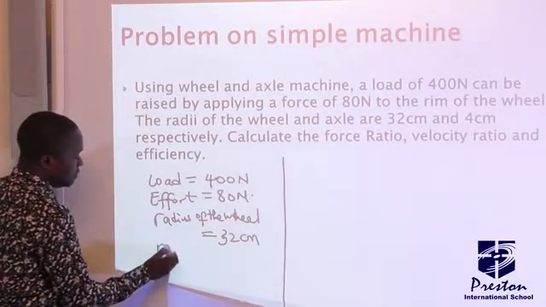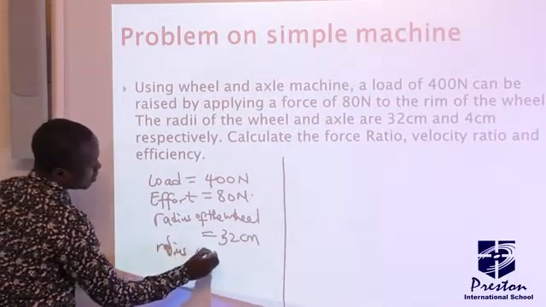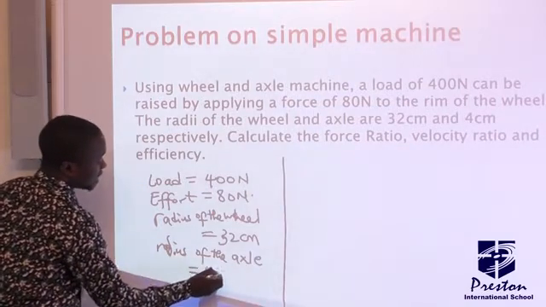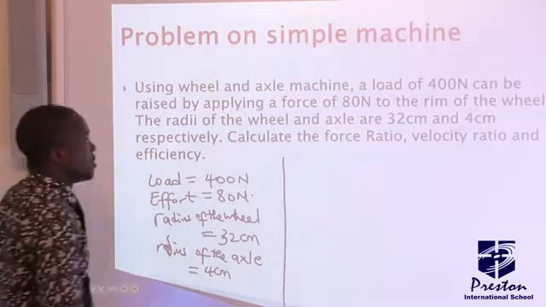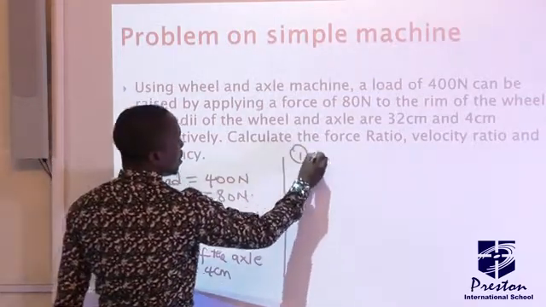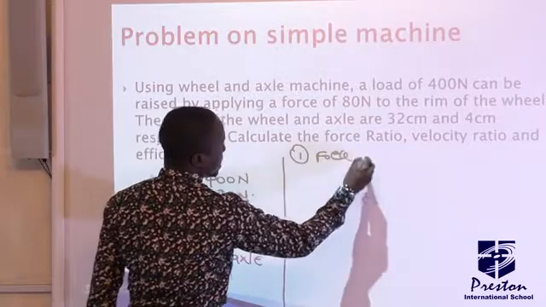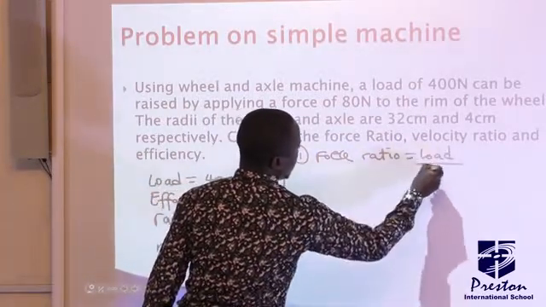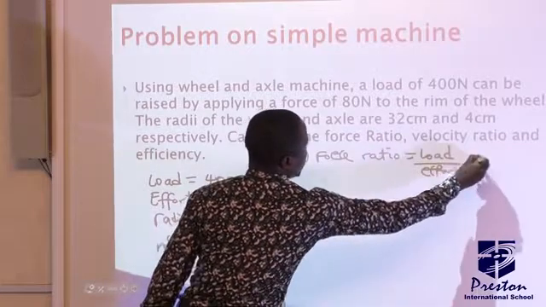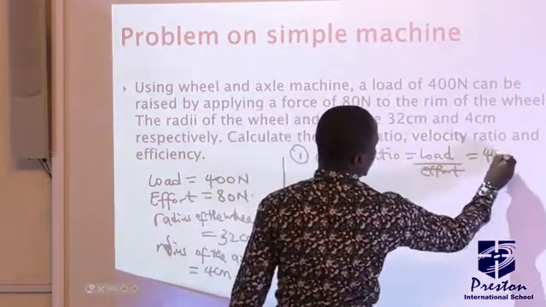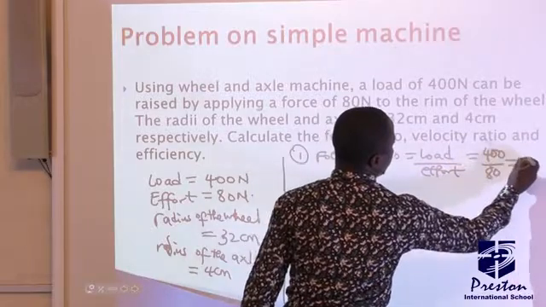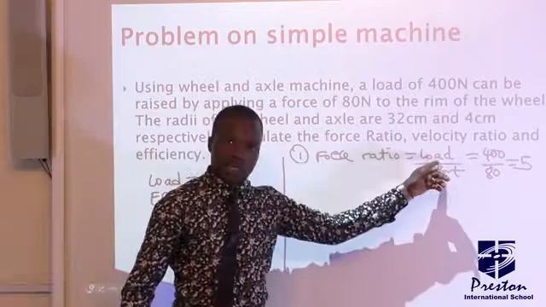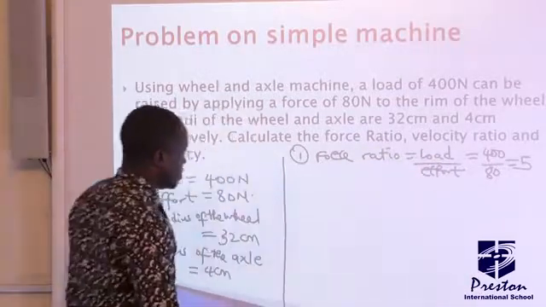The radius of the axle is given as 4 centimeter. Now the first question says force ratio. I told you force ratio is mechanical advantage, which is load over effort. So it means 400 over 80, which is going to give you 5. Of course, it has no unit because the unit of load is in Newton, a force, and effort is also in Newton, which is a force.